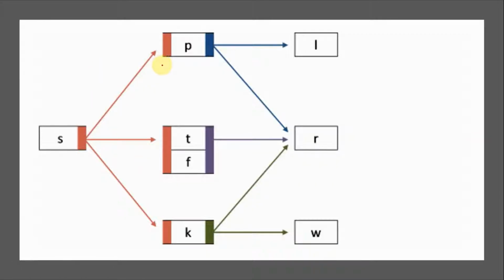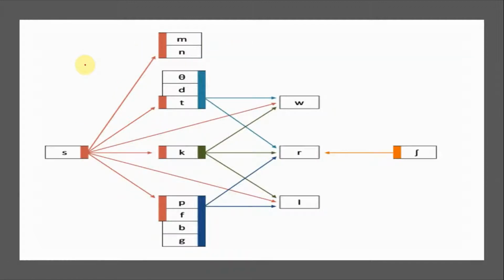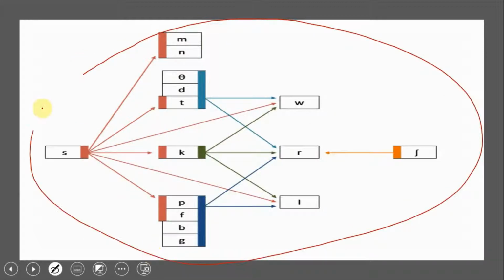So this is a picture which describes the possible combination of a 2 consonant cluster as well as a 3 consonant cluster. And this picture describes the whole scenario, the whole combination of consonant clusters.